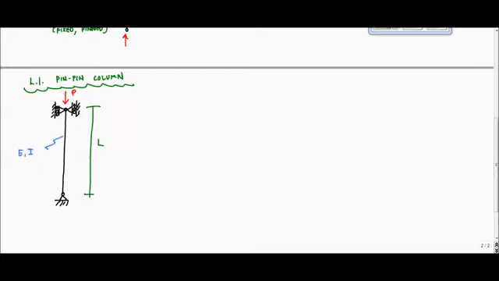So here the deflected shape might look something like this. Let me call that, let's see, what does your book use? I normally use Y. Did your book use V? I'm going to try to be consistent. Yeah, they use V. So let's say this distance is V for displacement.